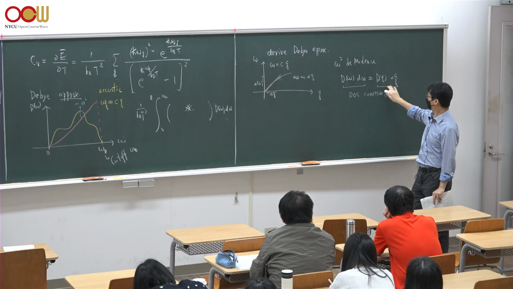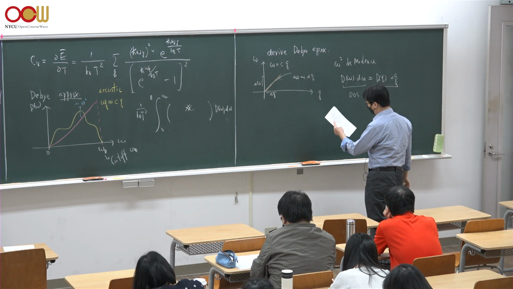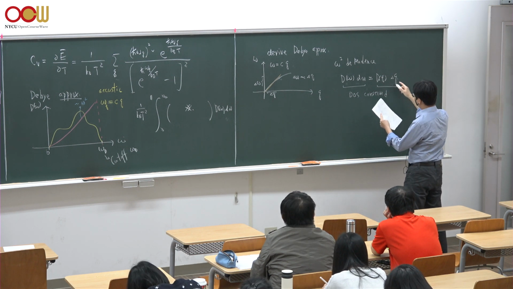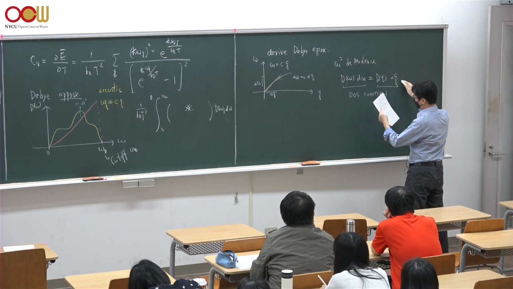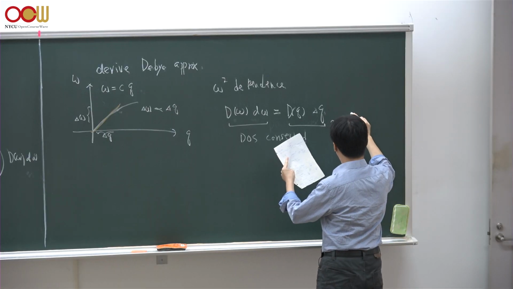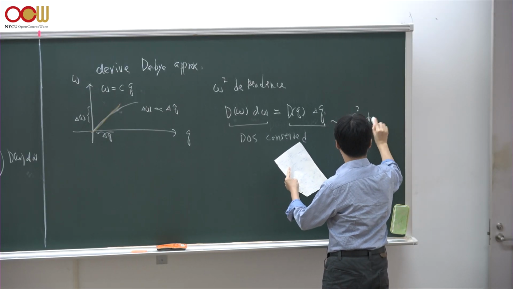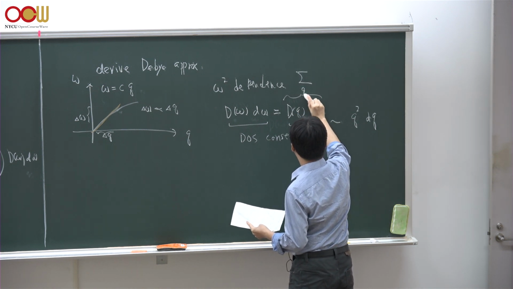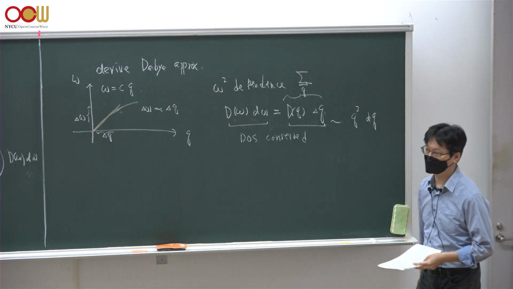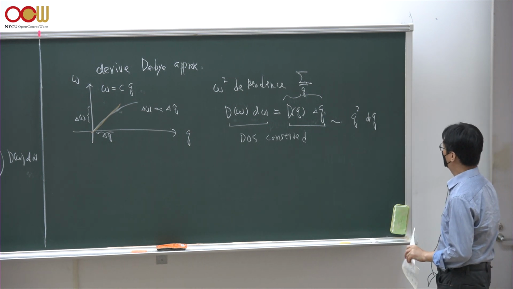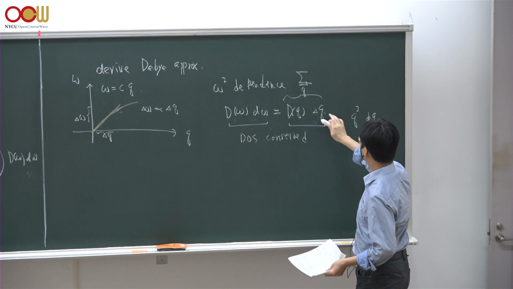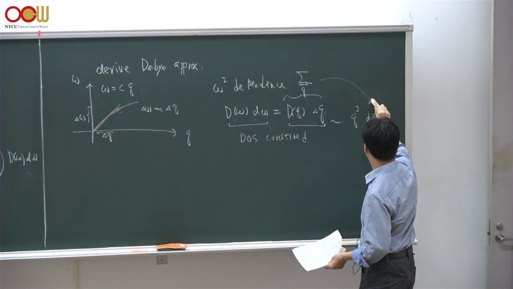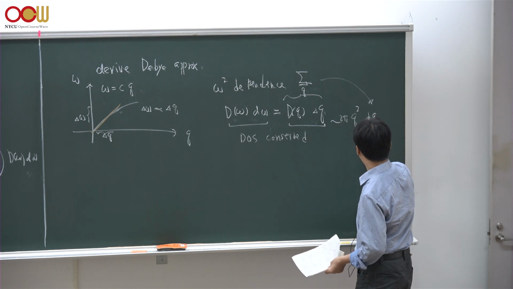Okay, so therefore these two should be identical, and we know that dq is actually proportional to Q squared dq, because that is coming from the sum over Q vector in three-dimensional space, and therefore this three-dimensional summation over Q vector is actually 2 pi Q squared dq, right?